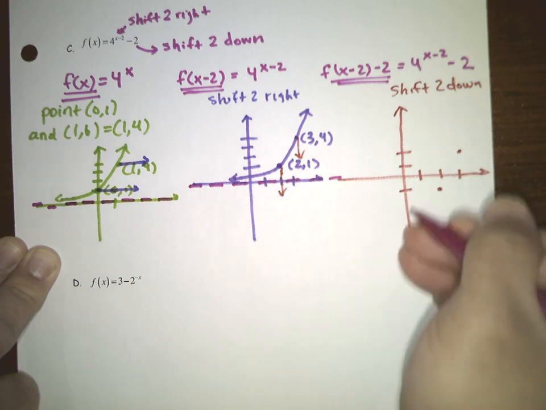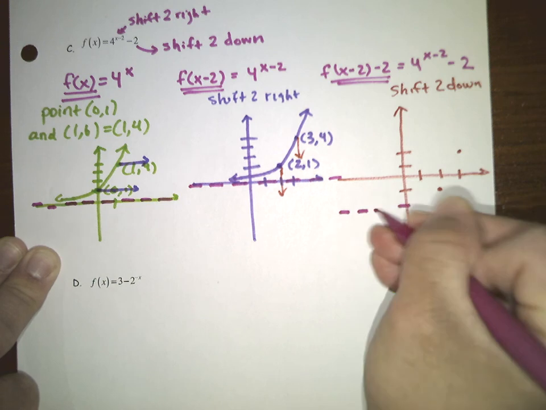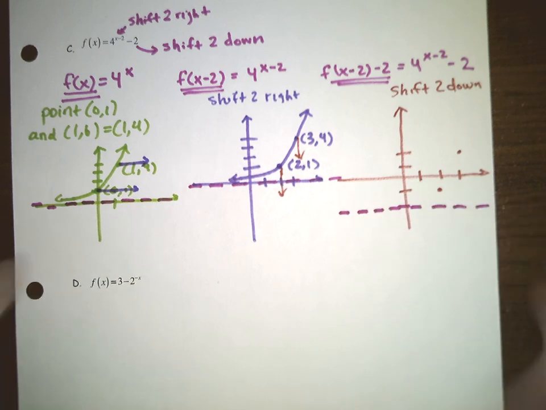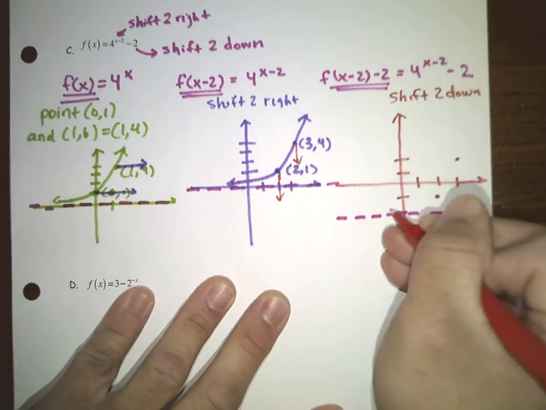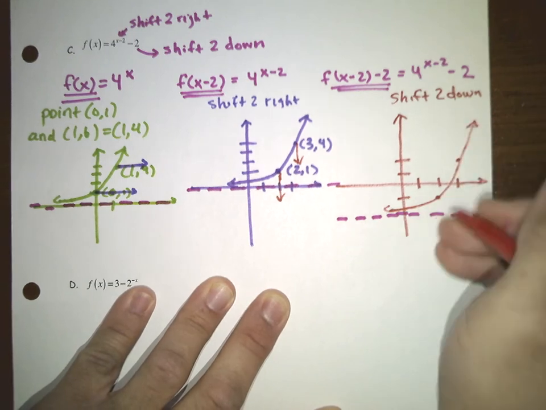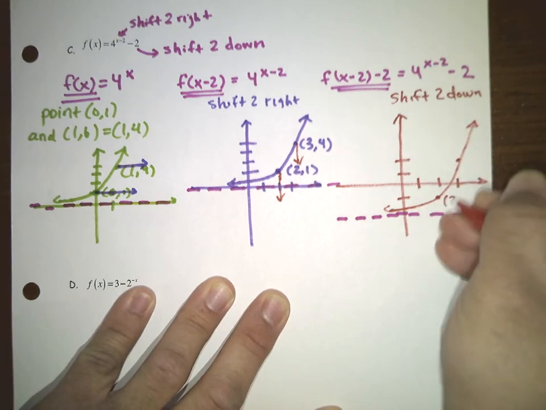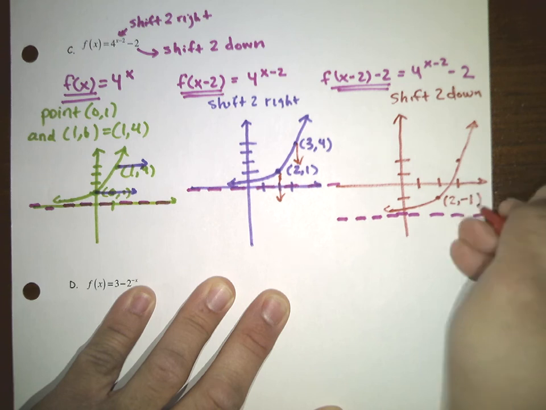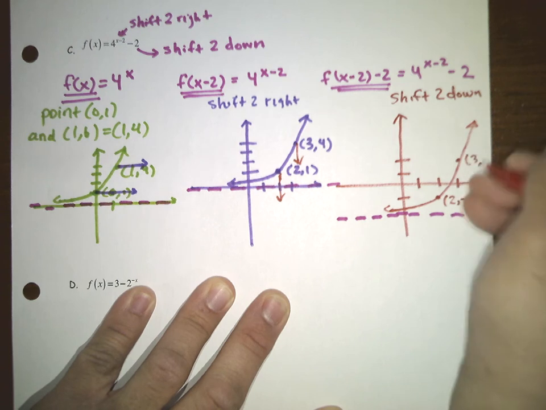So the asymptote is actually down here now. All right, so make sure that you shift the asymptote down also. And then I graphed this, and this is what I have. There is a point at 2, -1, and at 3, 2.